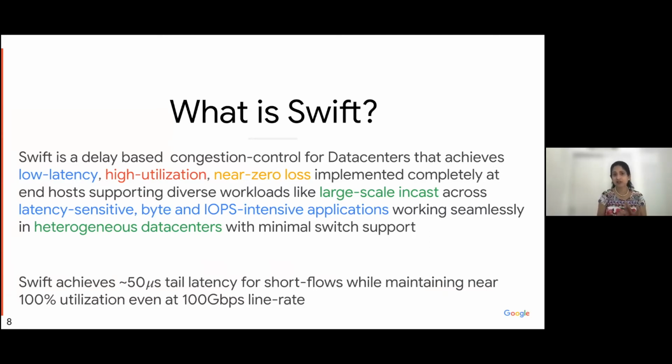At scale, Swift achieves in our data centers short tail latencies on the order of 50 microseconds for short flows, while maintaining near 100% utilization at line rate.